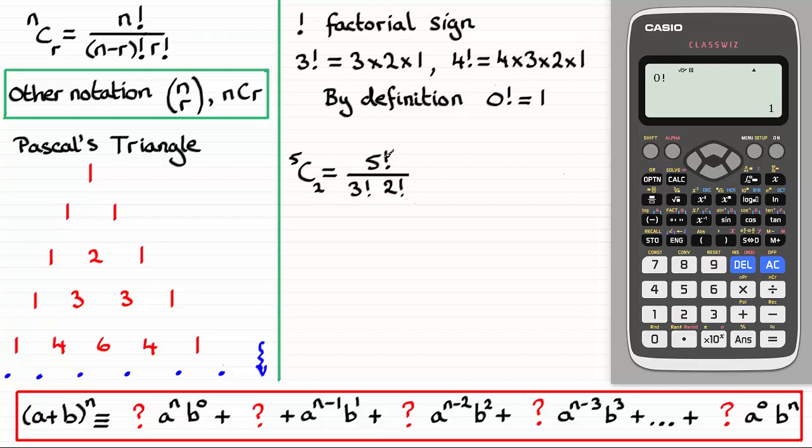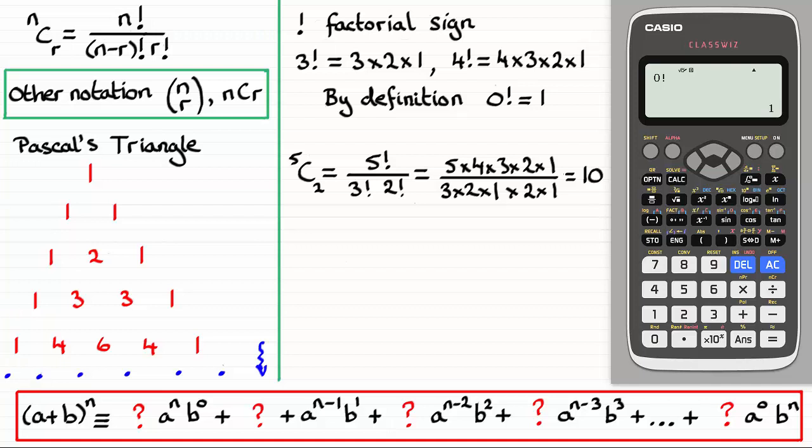So you've got n factorial, 5 factorial on the top here, and then you've got n minus r factorial, 5 take away 2 being the 3 factorial, multiplied with the r factorial, 2 factorial. So if we use the results that I showed you up here for factorials, this is going to expand out to be this result. And working this out, you'll see that it comes to a total of 10.